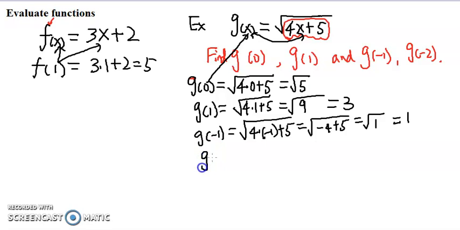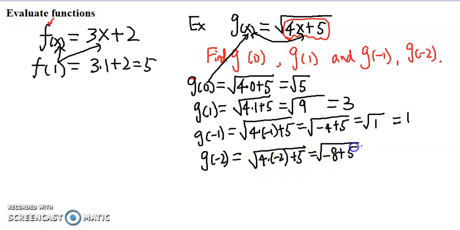And the last one, g of -2: we replace x with -2, and we get 4 times -2 is -8, plus 5. That gives us the square root of -3. And this is undefined, because the square root of a negative number is undefined.